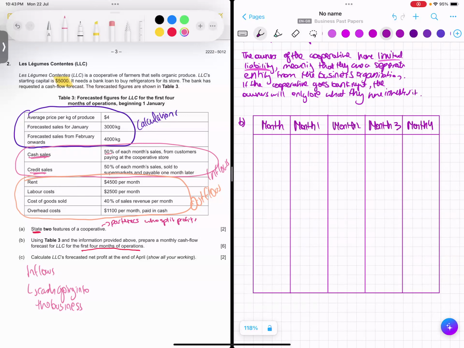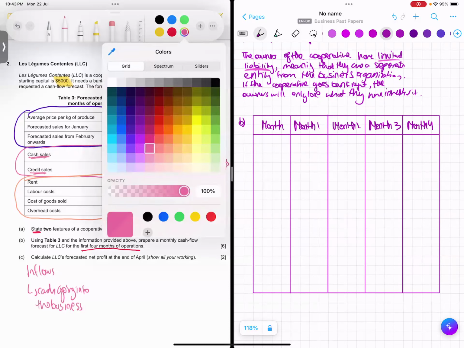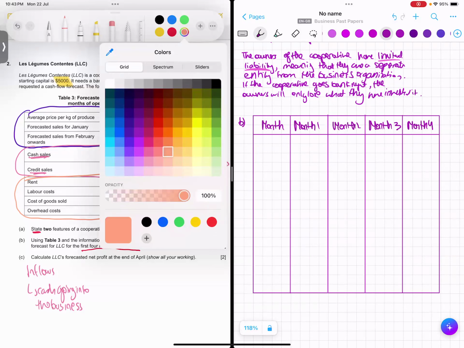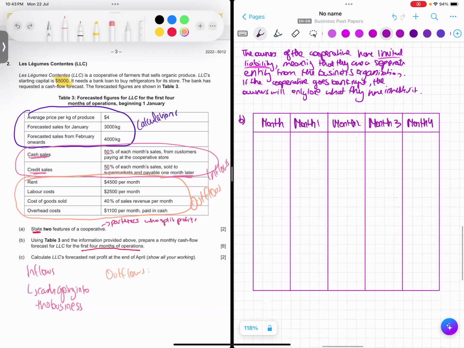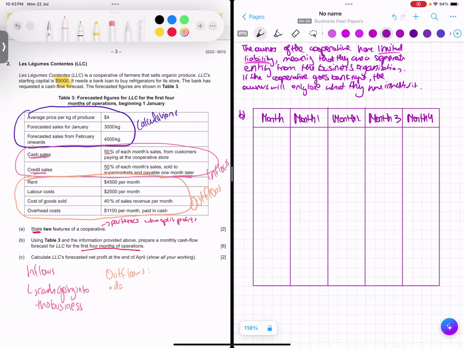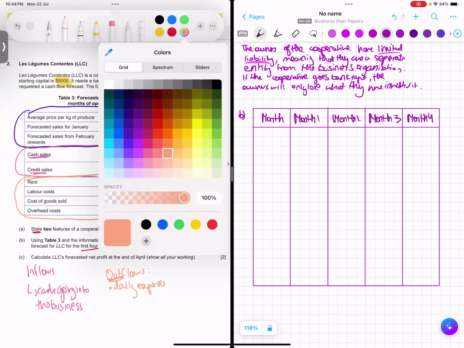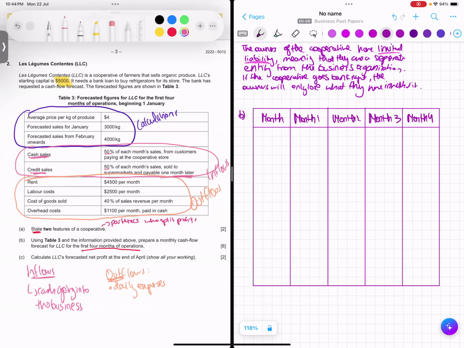In this case they're 50%, 50%, and payable one month later, they told us. And then you have outflows. Basically they're revenue expenditures, like daily expenses that the business has to pay, so the money that goes out. So one goes in, one goes out of the business.